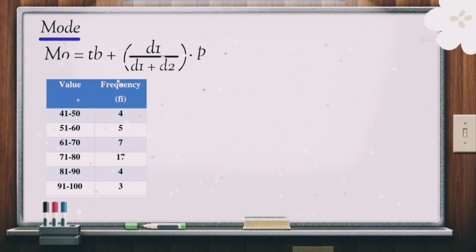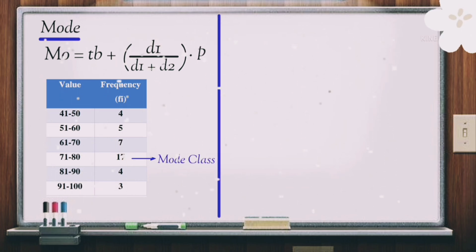Look at the class that has the greatest frequency. Here we see the class that has the largest frequency is the fourth class with a frequency of 17. Then this is the class of mode.